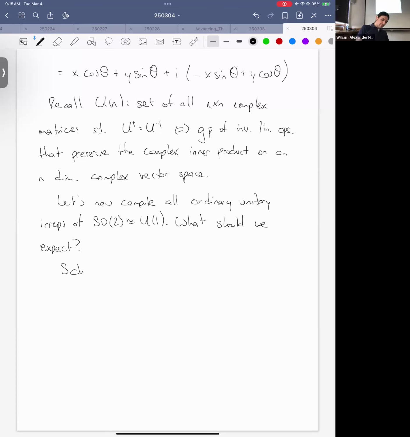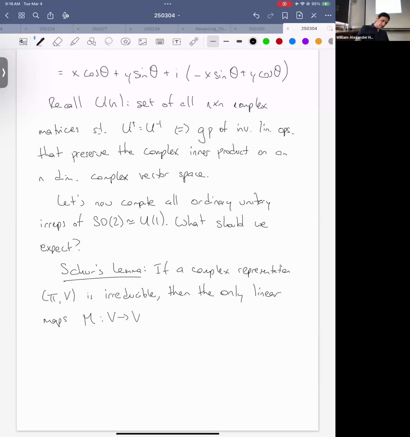So the first is Schur's lemma. If a complex representation, which is the map, and the vector space is irreducible, then the only linear maps M going from the vector space to itself, commuting with all the operators associated with all the group elements, are lambda times the identity.